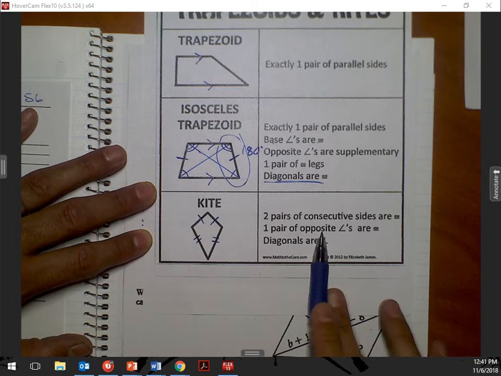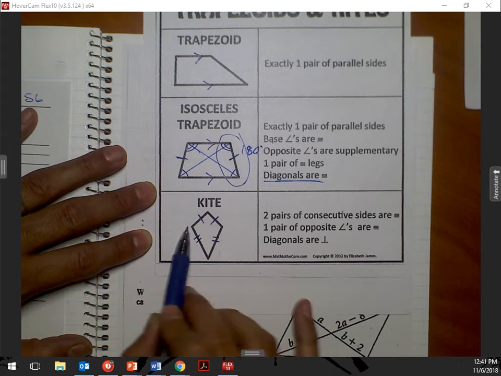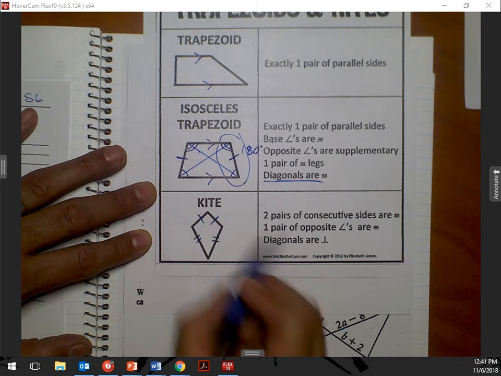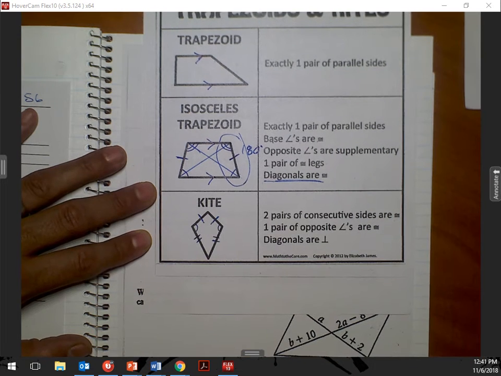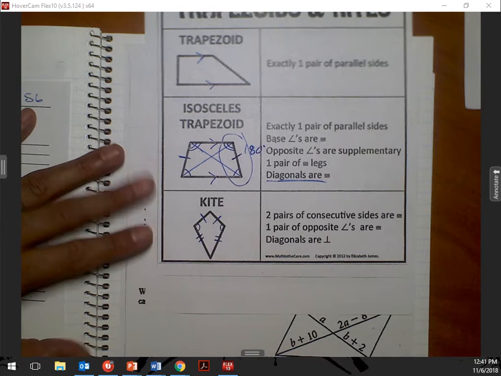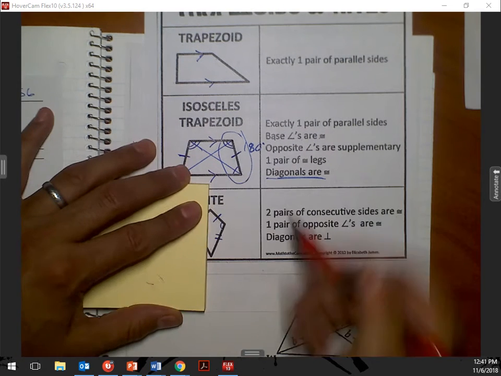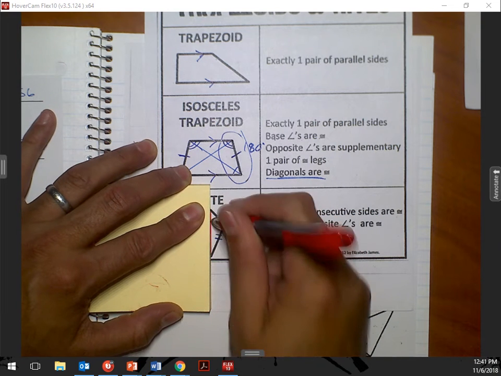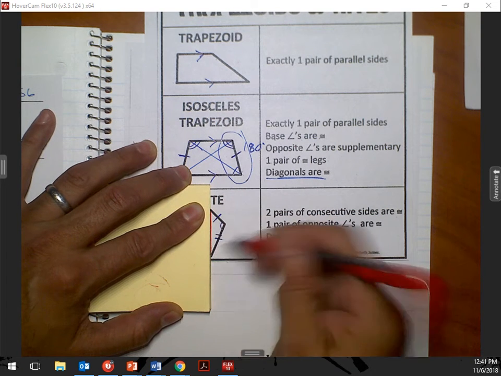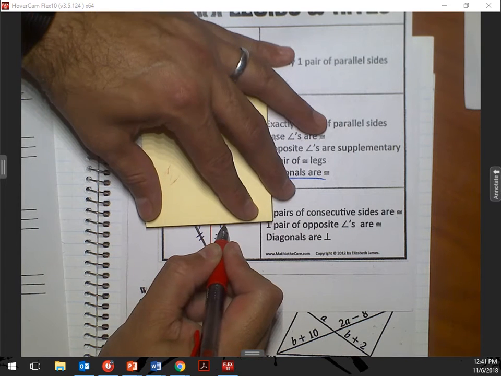One pair of opposite angles are congruent. So these opposite ones over here are going to be congruent. So this one is congruent to this one. And the next part says diagonals are, what's that upside down T again? Perpendicular. So if they're perpendicular, that means they make a what?